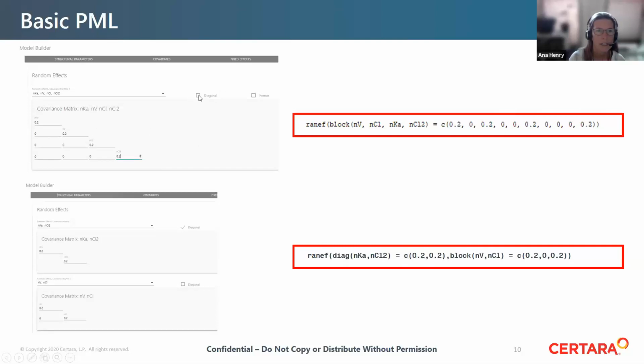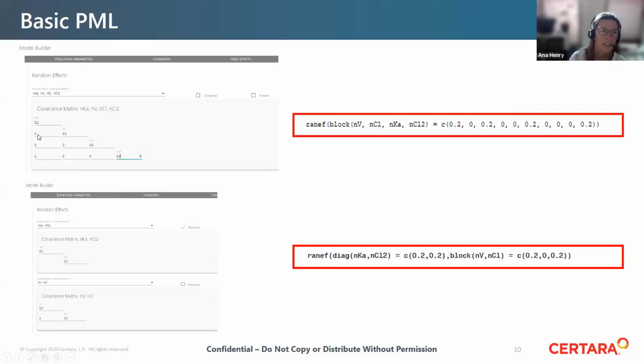Now, if you don't check diagonal, what you will see is the word block. That means we're doing a full block in this case. The terms within that, and then this vector C is read as follows. Think of it as a row. So it says the estimate for this random effect for Ka is going to start at 0.2.